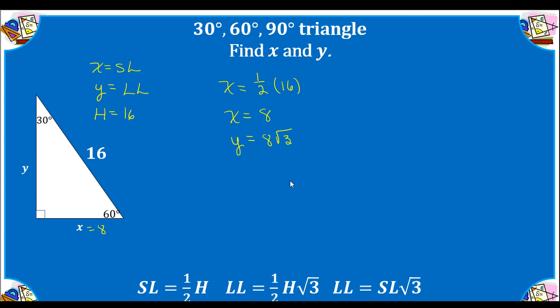So the long leg does equal 8 square root of 3, but let's use our calculator. And when I toggle it, I get about 13.9.